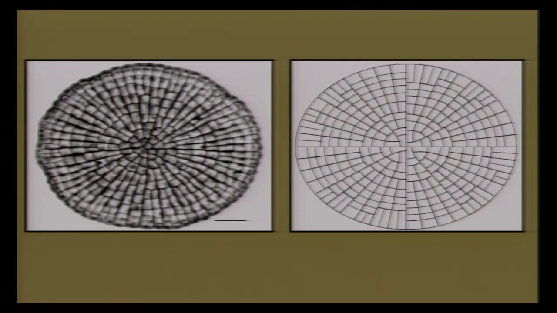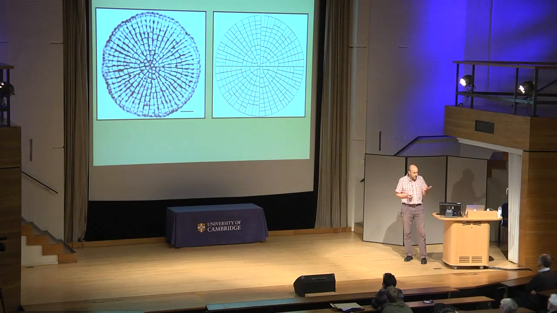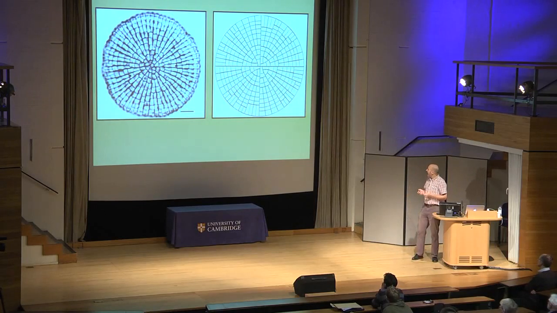So here it is. This is Coleochaete, and this is a simulation where we simply use these division rules. You can see that we mimicked almost perfectly this colony. Okay? And I need to emphasize, this is all done without parameters. We just begin with these 2 division rules. We formalize them, and everything else is frozen.